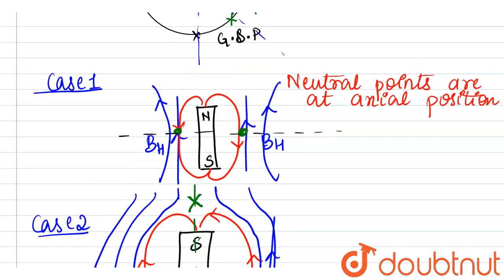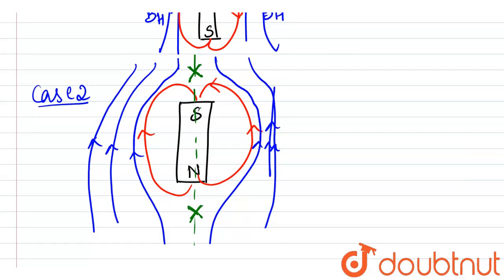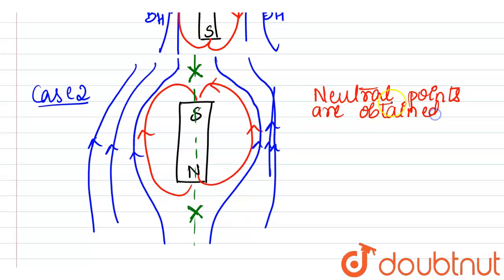So in the first case, neutral points are at the axial position. In the second case, neutral points are obtained at equatorial position. So this is all about the production of your neutral points.